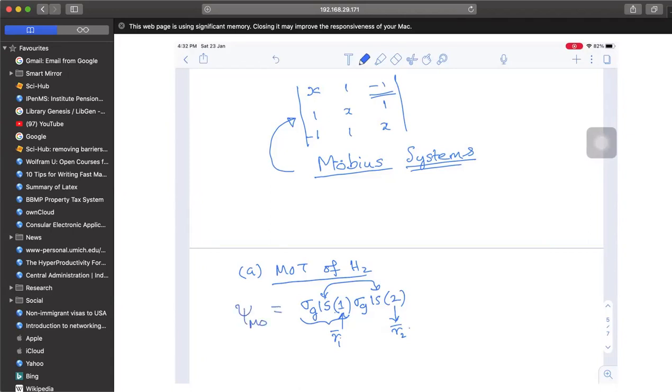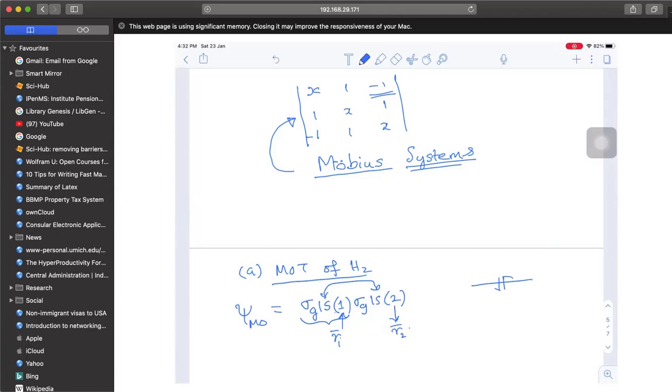But this is not complete, because this is only the spatial part of the wave function. If you have a molecular orbital and you put two electrons into it, the two electrons will have opposite spin.